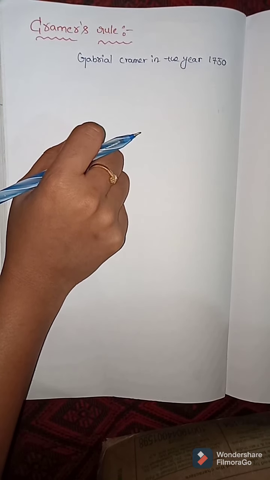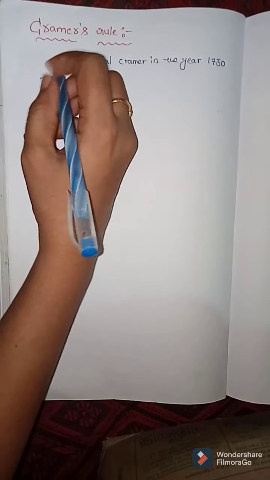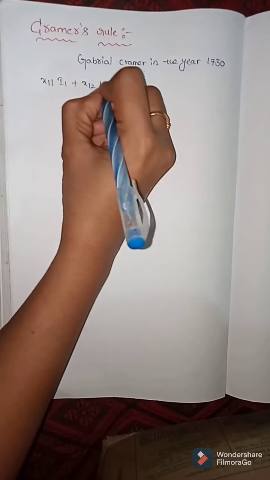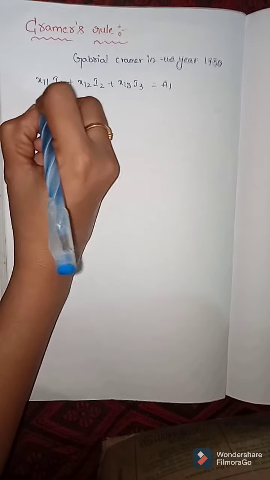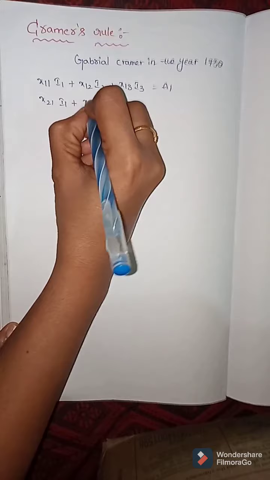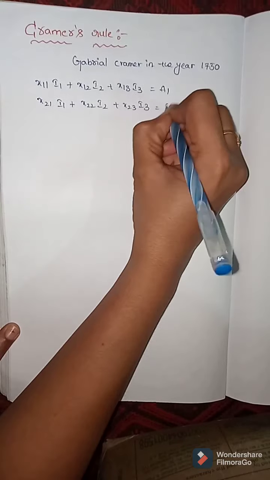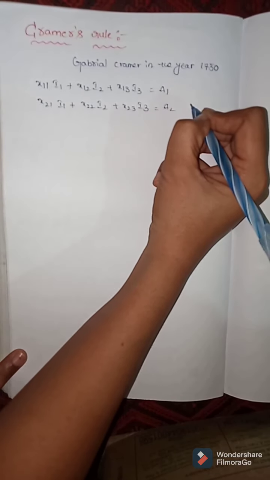Let us consider three linear equations like this: x11 I1 plus x12 I2 plus x13 I3 is equal to A1. The second equation, x21 I1 plus x22 I2 plus x23 I3 is equal to A2.